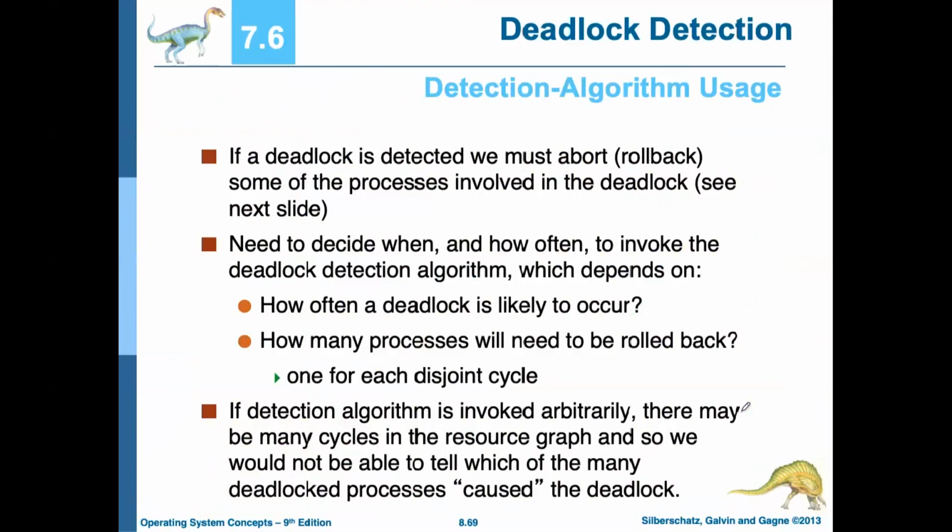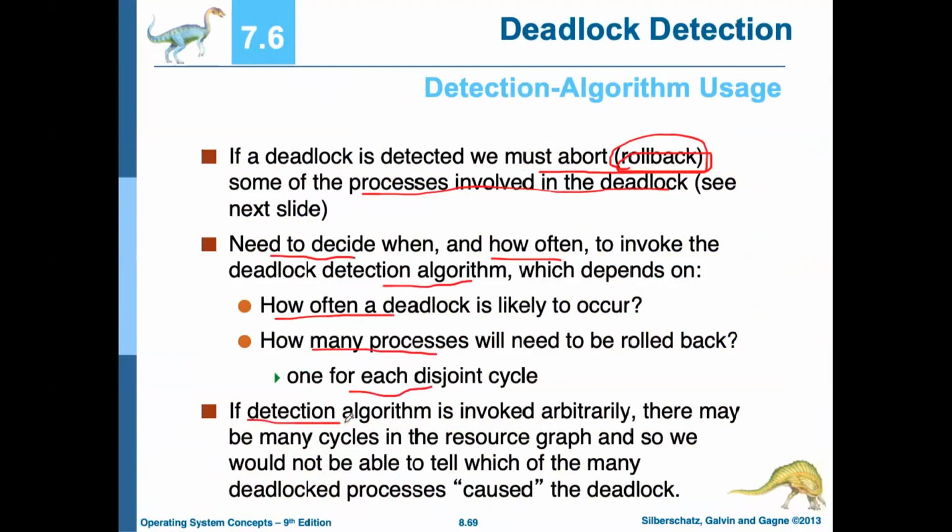So, detection algorithm usage. If a deadlock is detected, we must abort, or they call it here rollback, some of the processes involved in the deadlock. Okay, so later we explain this. We need to decide when and how often to invoke the deadlock detection algorithm, which depends on how often a deadlock is likely to occur, and also how many processes will need to be rolled back, one for each disjoint cycle.